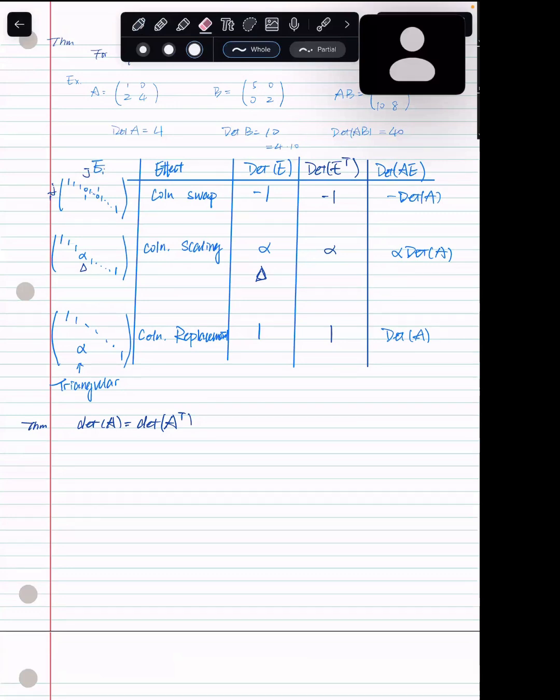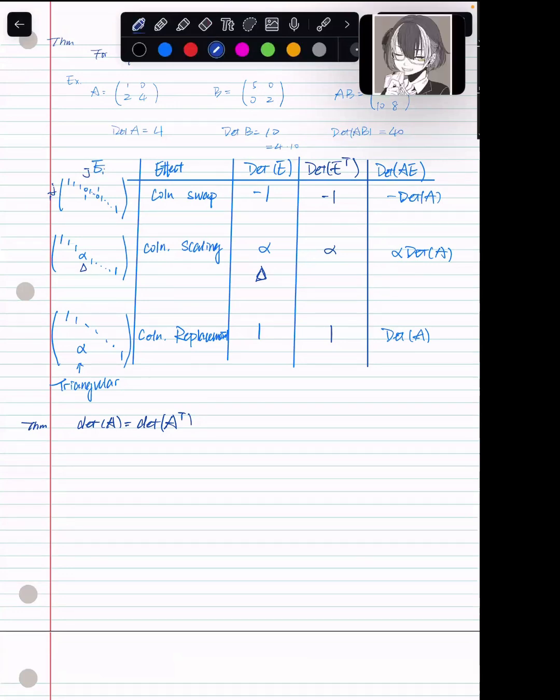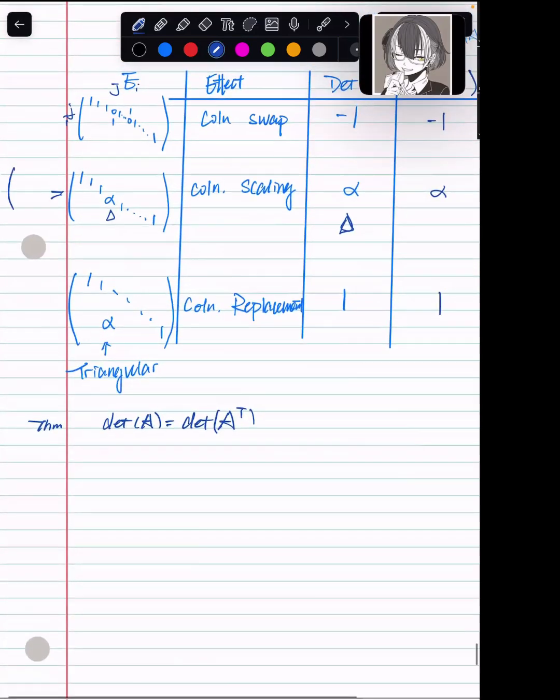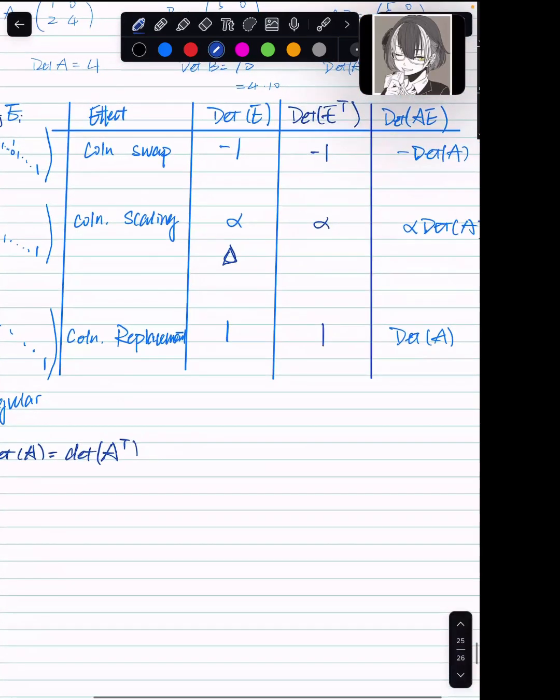So the one you're talking about is a scaling, because you think of it as a scale of the identity matrix, right? So the identity matrix was multiplied by alpha, and since the determinant of the identity matrix is 1, we are doing alpha times 1. So this determinant is 1 times alpha, which equals alpha.